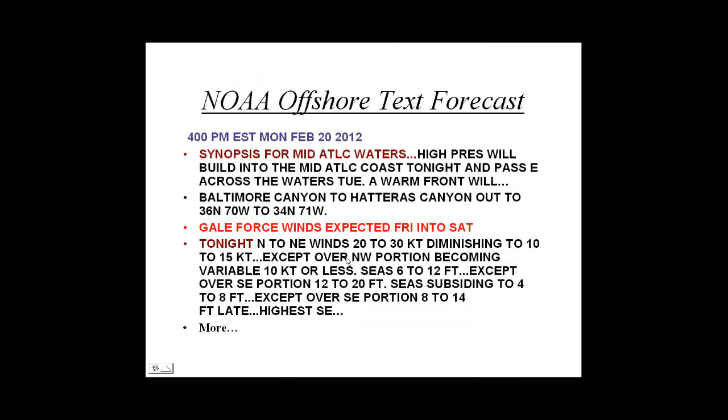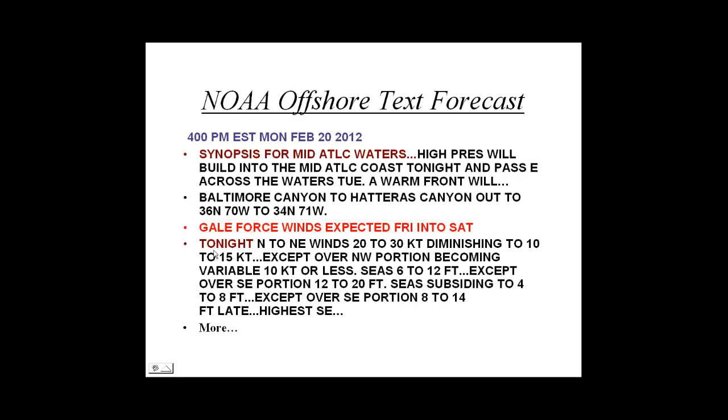And then this would be an example of a small portion of a NOAA offshore text forecast that you can download off the internet. At a certain date and time, it gives a synopsis. High pressure will build into the area, pass east of the waters. A warm front will occur, Baltimore Canyon to Hatteras Canyon out to certain location.